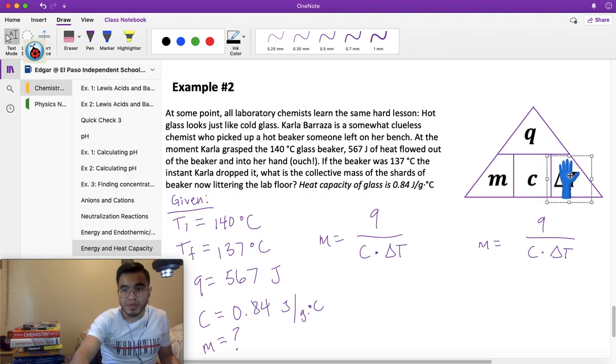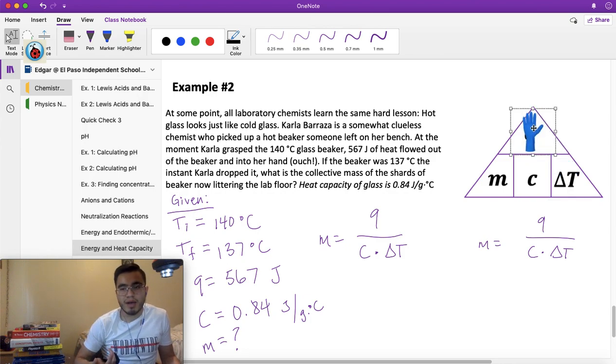If I were to ask you for the heat required to change the temperature of an object, you just cover the Q, and then you have the equation which we use for physics. Q is equal to, I say MCAT, but it's MC delta T. Okay? I'm going to have this triangle for you on your assignments and tests. That way you can just use it if you don't want to do algebra.